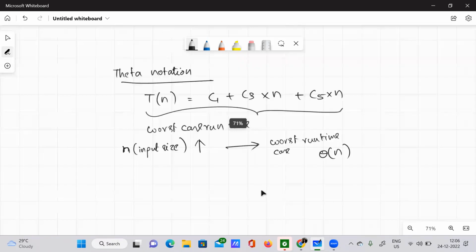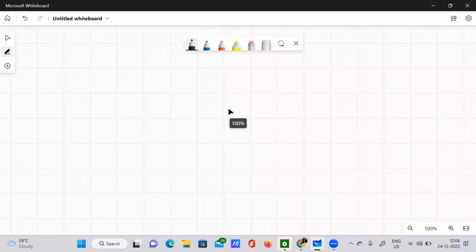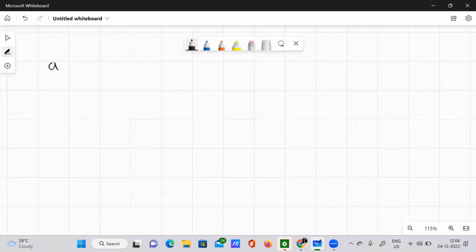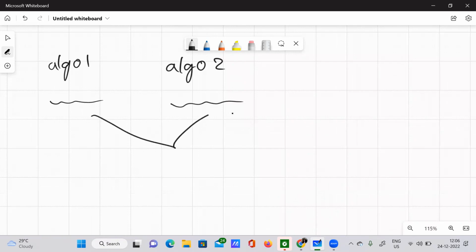For example, let's imagine I have an algorithm 1 and an algorithm 2. If the worst case runtime has a lower order of growth for an algorithm, that's the more efficient of the two algorithms. Each has some order of growth, but out of these two, I will prefer the lower order of growth.